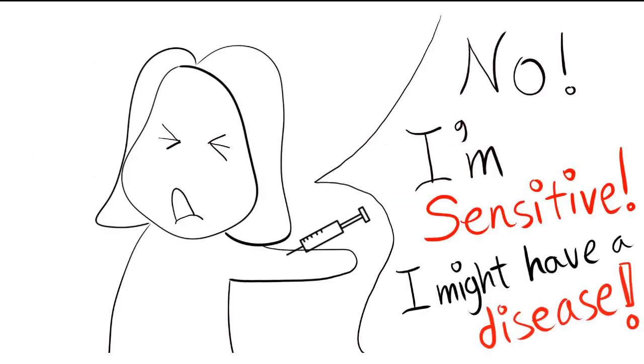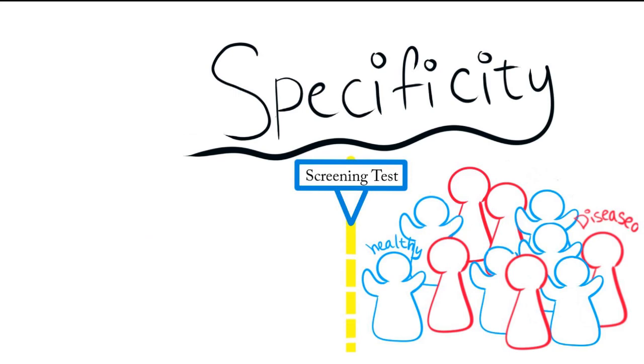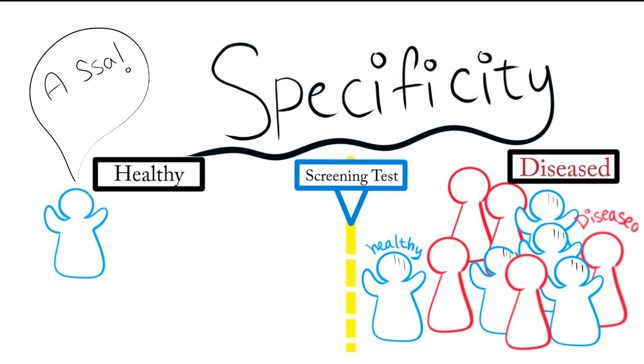Okay, so here we are having a screening test, and here we have some participants. And for this case, okay, healthy people are located on the left side, and the diseased people are located, identified and separated on the right side.